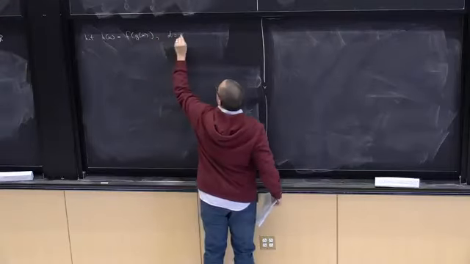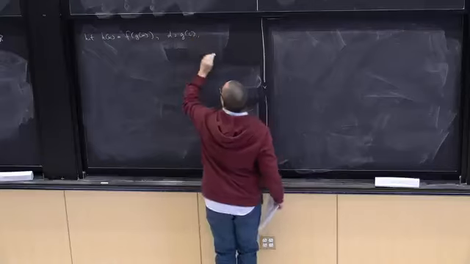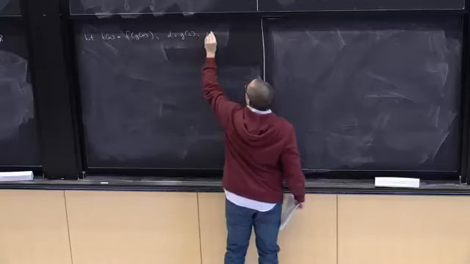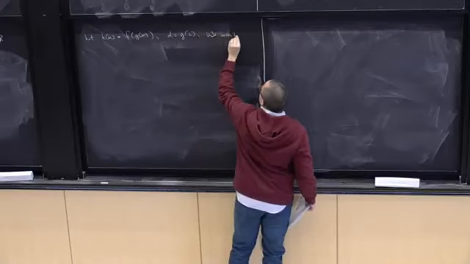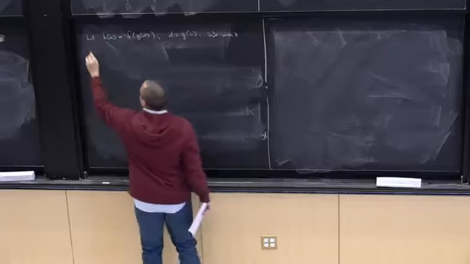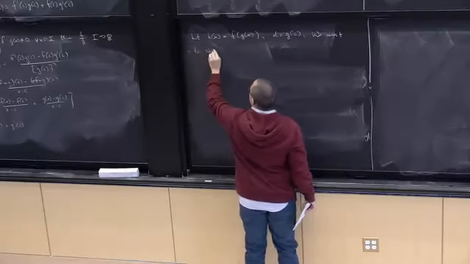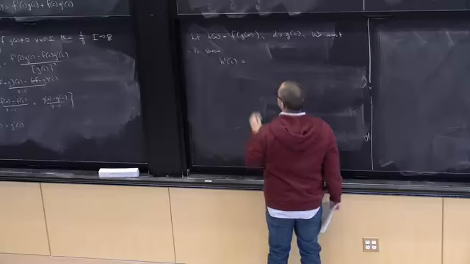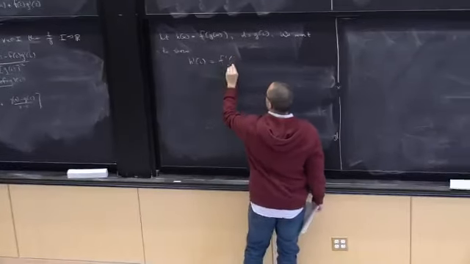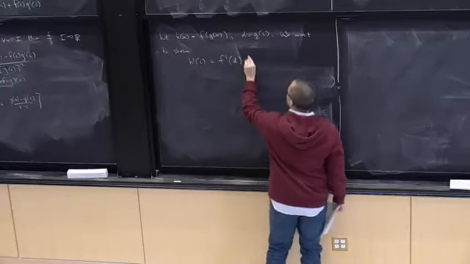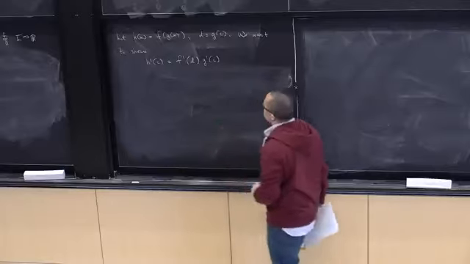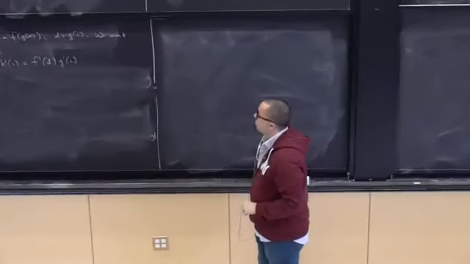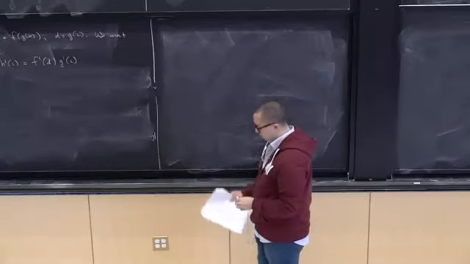Let's call d the point g of c. So we want to show that h prime of c exists, and it's equal to f prime of d times g prime of c. Just in this notation I've set up.